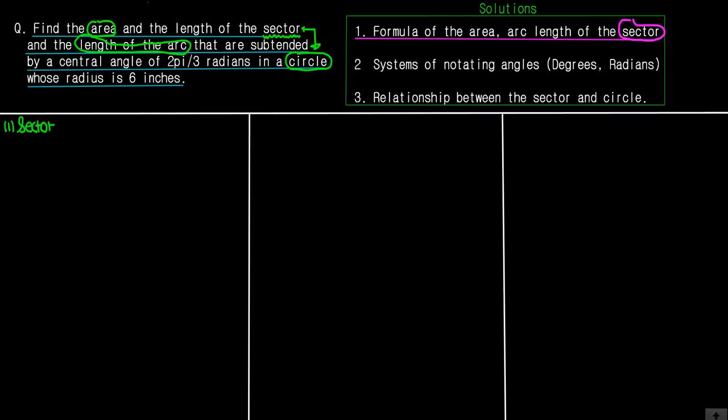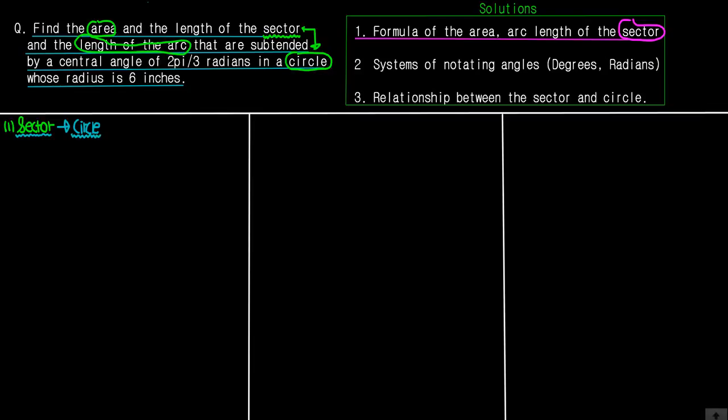Now we need to think about what the sector is. From the information, it obviously has some relationship with the circle. So the sector can be either a part of the circle or the thing that generates the whole circle.